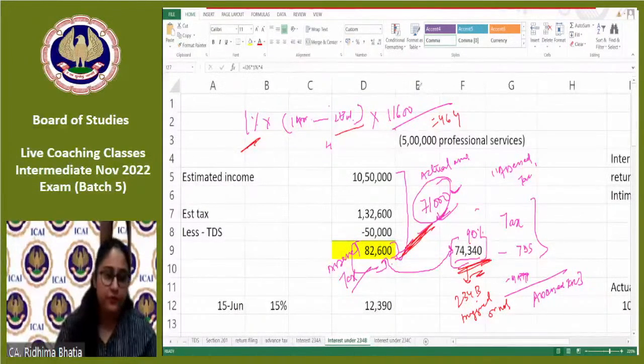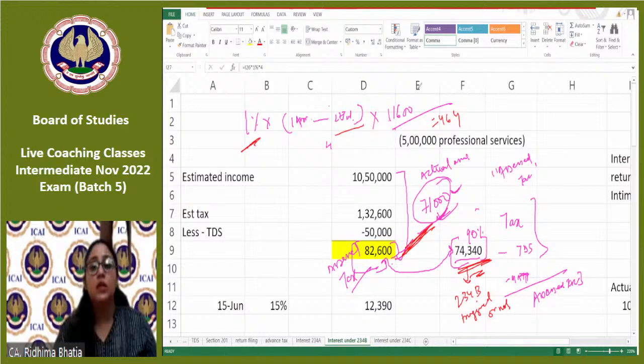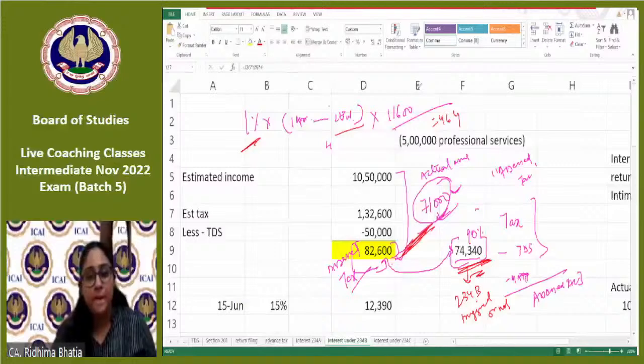So if in this example, instead of 82,600, the actual advance tax deposited would have been 75,000, then even if there is a shortfall, no interest under section 234B would be applicable.